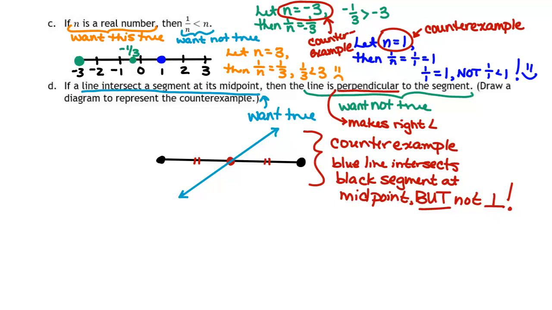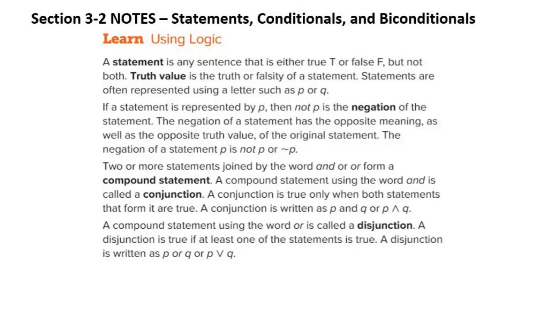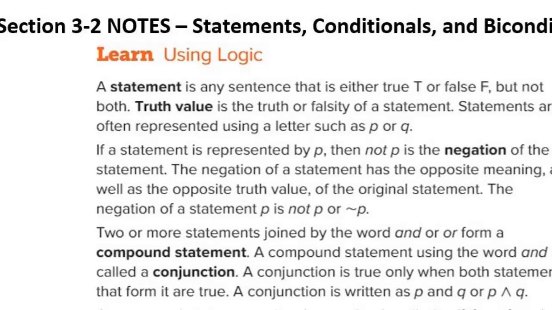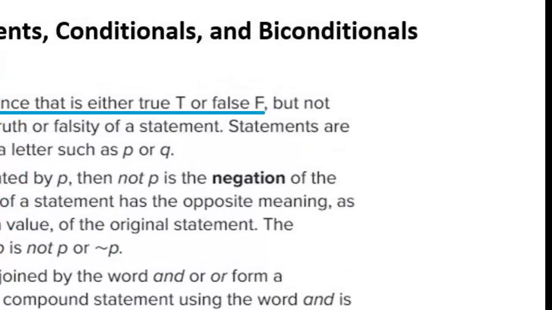So we're going to look at statements, conditionals, and biconditionals. So let's just start off with this idea of a statement. A statement is any sentence that is either true or false, but not both.